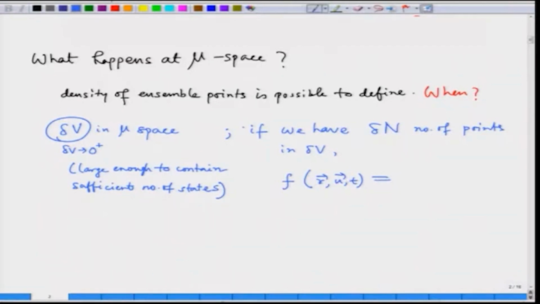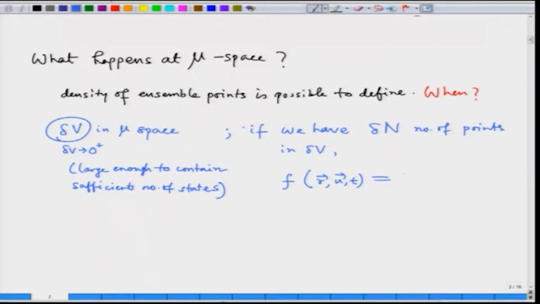Here r is the position, u is the velocity, t is the time. So this is one single point of mu space. Mu space is a 6n dimensional space, including t, 6n plus 1 of course.